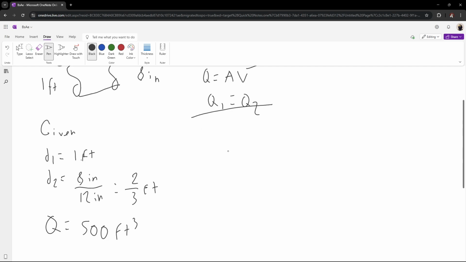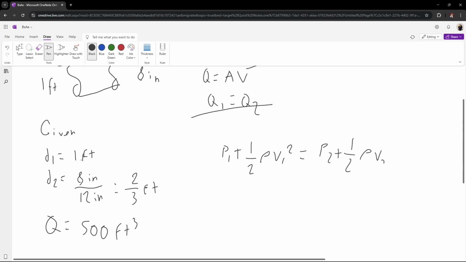The incompressible Bernoulli equation is P1 plus 1/2 rho V1 squared is equal to P2 plus 1/2 rho V2 squared.